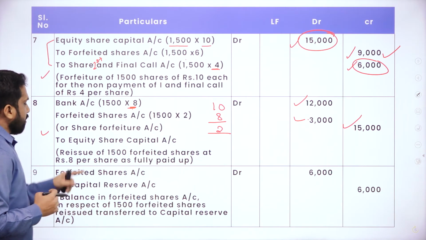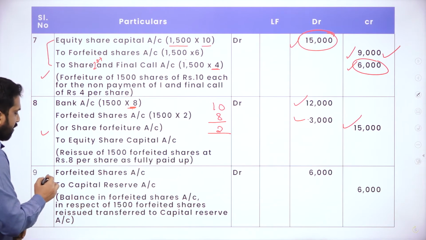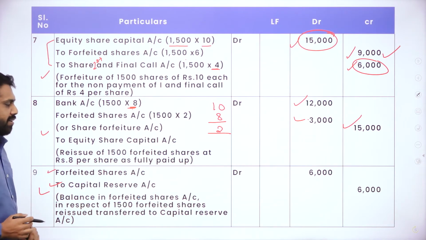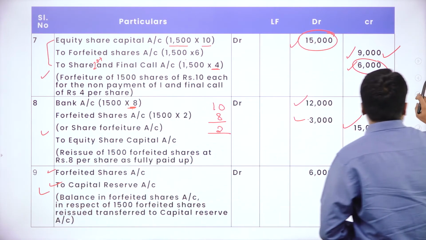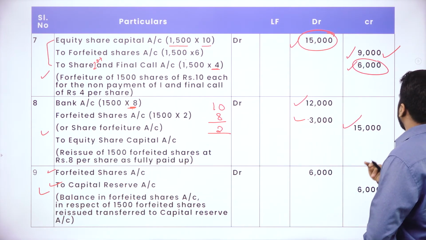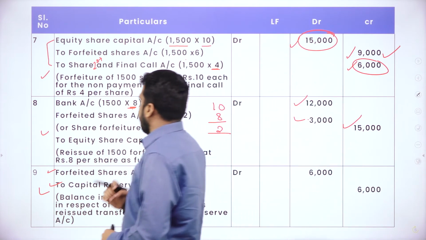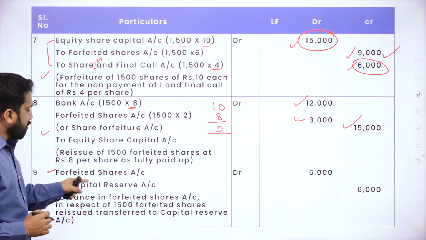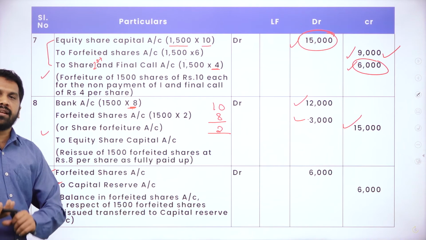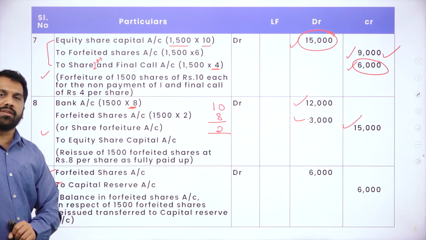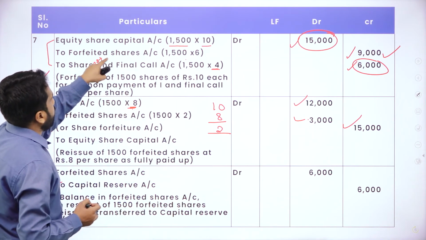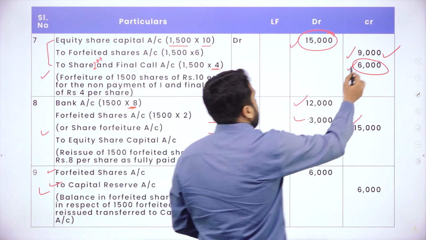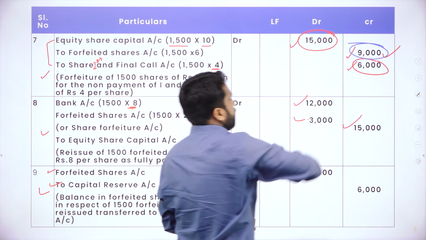Now, the last journal entry will be forfeiture account debit to capital reserve account. How to calculate forfeiture to capital reserve? As I told you in the previous problem, it is easy to calculate. How much is your forfeited shares amount? It is 9,000.